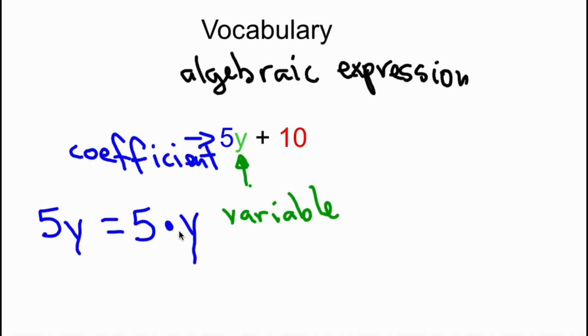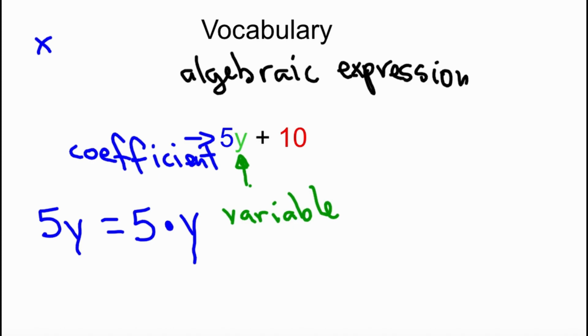Now you'll notice that for the multiplication sign I did not use that x symbol, I used a dot. The reason is that in algebra we refrain from using the x symbol for multiplication because now the x is used for variables.